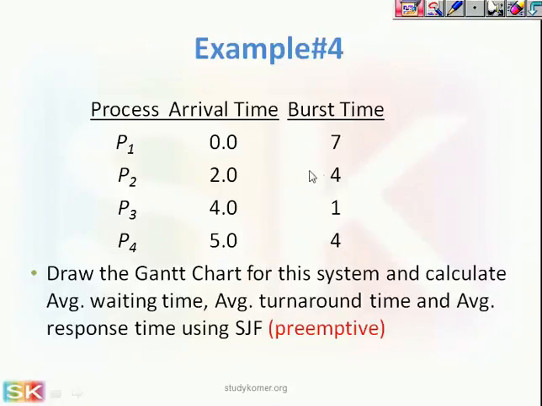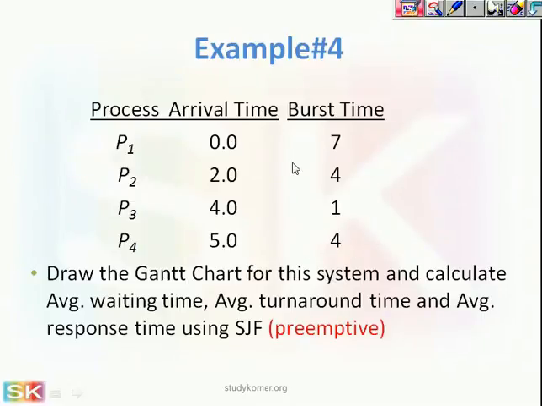P2 is there, which has 2 units of burst time left, and P1's burst time is 5 units, because 2 units it has completed and the left burst time of P1 is 5 units. So P1 has 5 units, P2 has 2 units, P4 has 4 units.